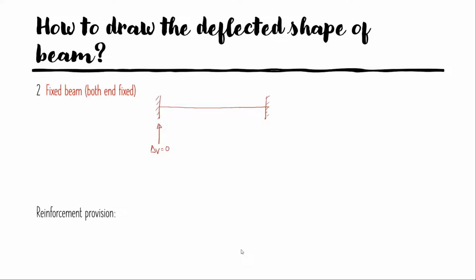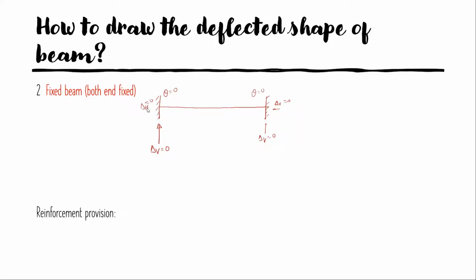About rotation, there would be no rotation, so theta would equal 0. No horizontal displacement, so delta H is also 0. So all three reactions are induced here corresponding to this slope equal to 0, therefore the moment M would be induced. Delta H equals 0, therefore a horizontal reaction would develop, and vertical displacement is 0, therefore a vertical reaction would develop. Similarly at this support also, delta V is 0, horizontal displacement is also 0, and rotation is also 0.